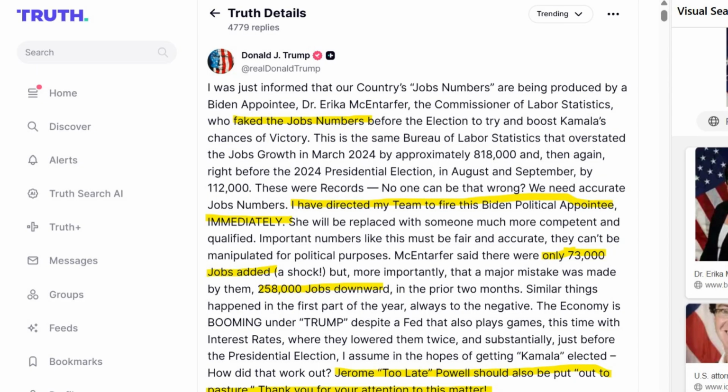Hello, everyone. Recently, President Trump fired the Commissioner of Labor Statistics, Erika McEntarfer, after the unemployment numbers were published, saying that the numbers produced by the Bureau were fake and politically motivated.